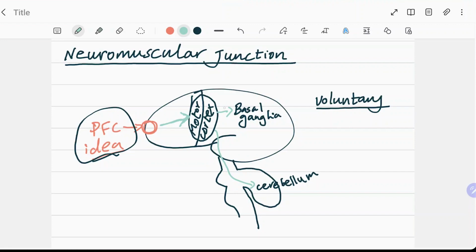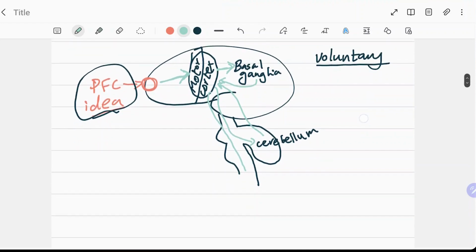Now the motor cortex has to get a plan, so it gives signals to the basal ganglia and cerebellum, asking for a good plan: exactly how much force, which muscle, what to activate in what sequence. So the cerebellum and the basal ganglia give the blueprints of the plan back to the motor cortex, and finally the motor cortex gives rise to descending tracts that go down the spinal cord.